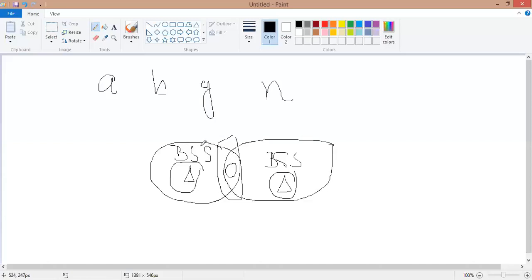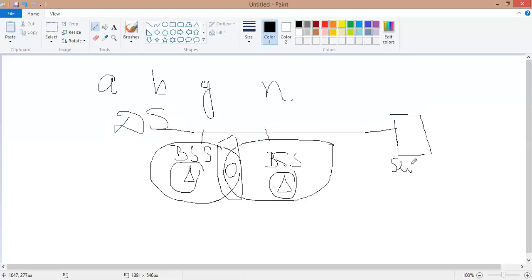Now, all those DSSs are connected with one distributed system. One distributed system may be connected with some server. This is our distributed system, and this is our server. Any distributed server or some gateway.